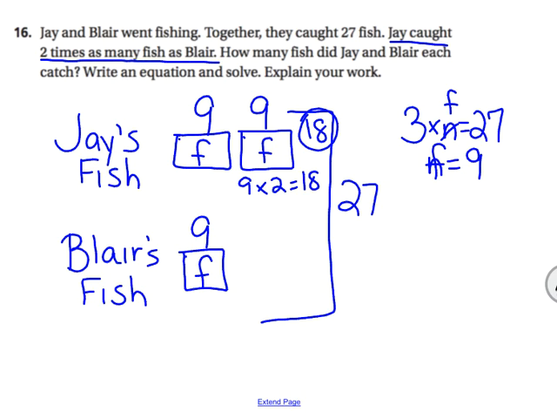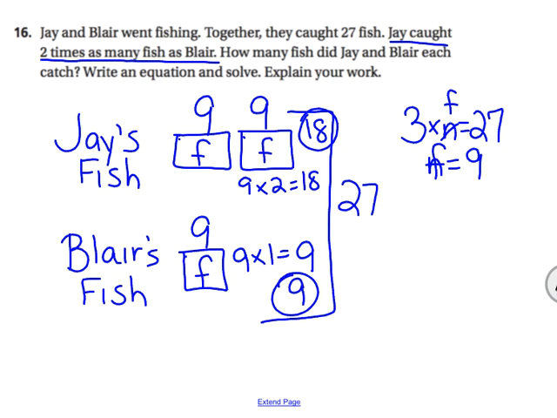Then I go to Blair, and she only has 1 9. So she's 9 times 1. And she has a total of 9. And the reason why I'm circling these two numbers is if you add 18 and 9 together, it should equal 27. So this is how your models should look.